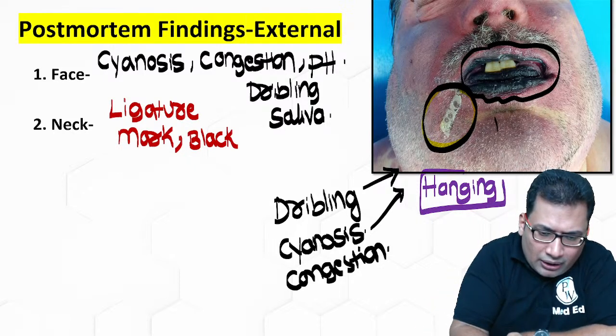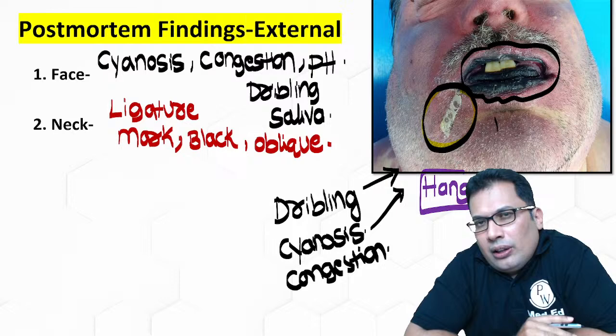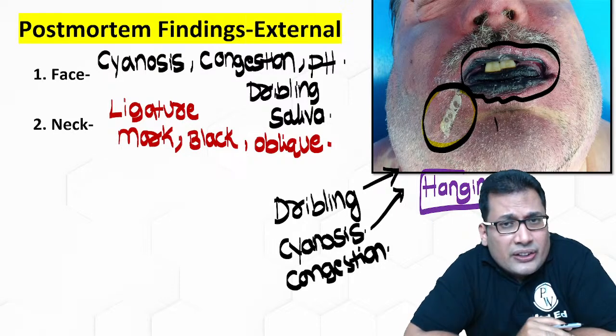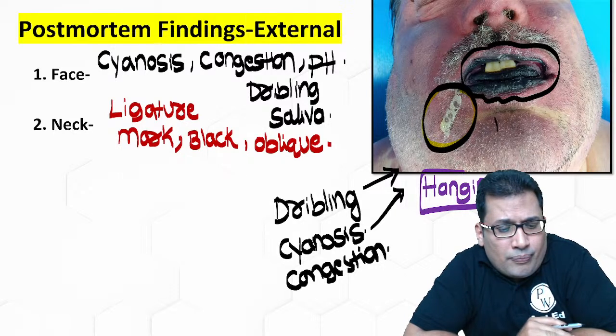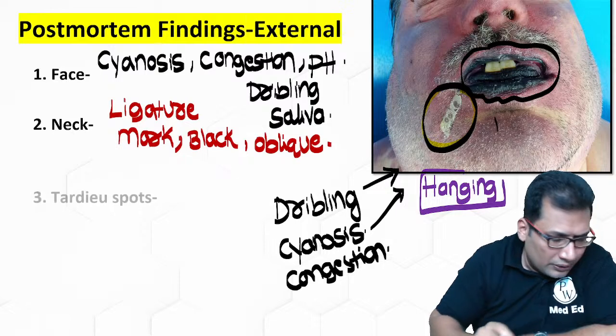Oblique ligature mark. Oblique ligature mark above the level of thyroid cartilage. In around 80% of the cases, it is above the level of thyroid cartilage. Oblique, very good.